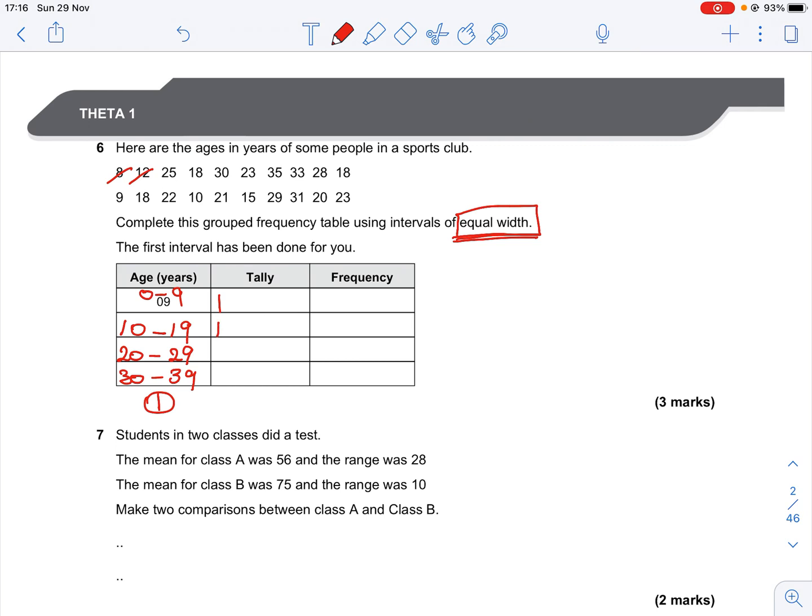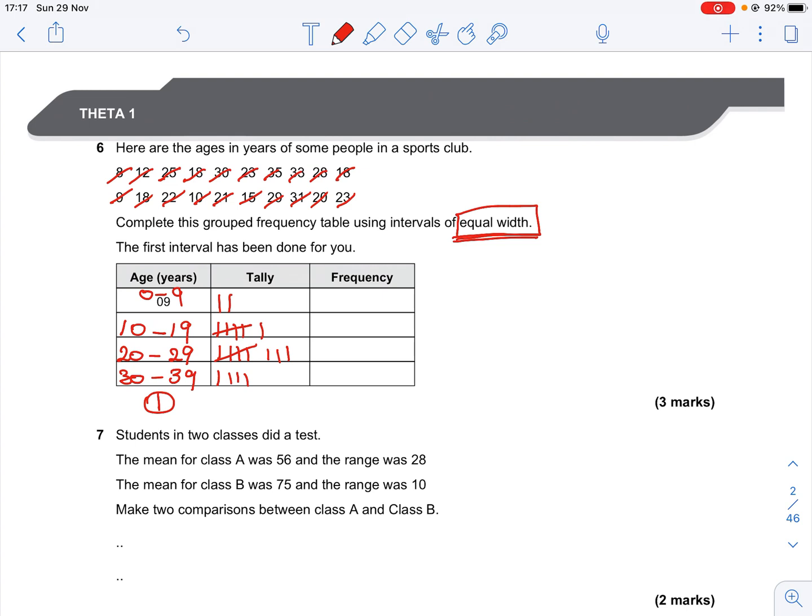So 12, 25, 18. Okay, so we completed our tally.